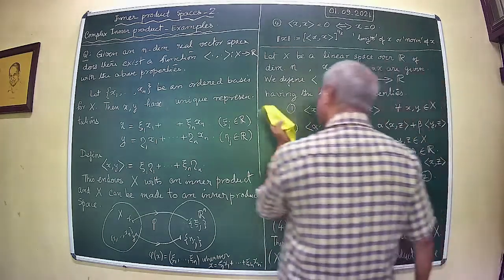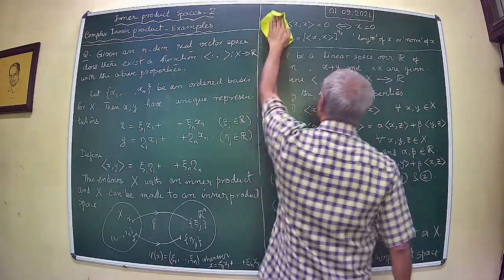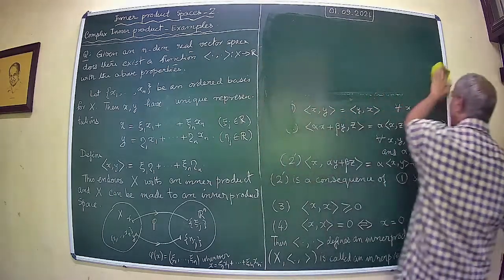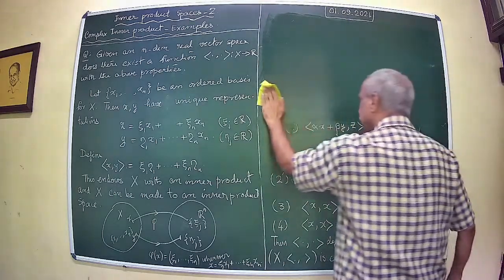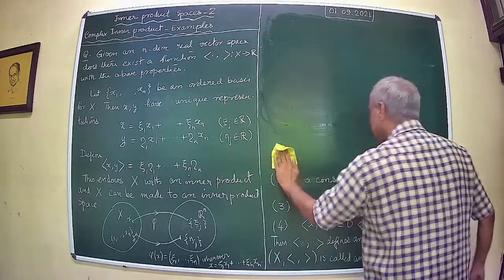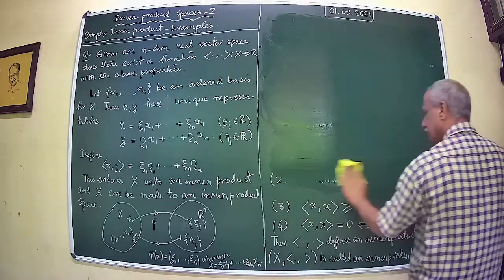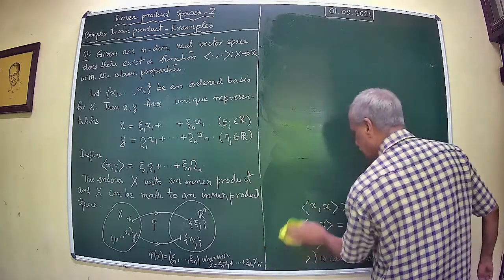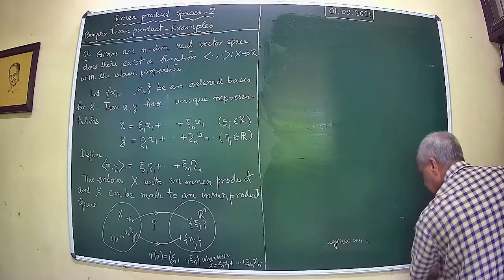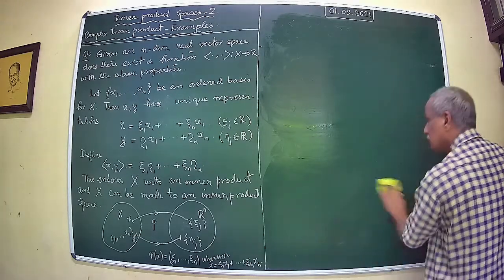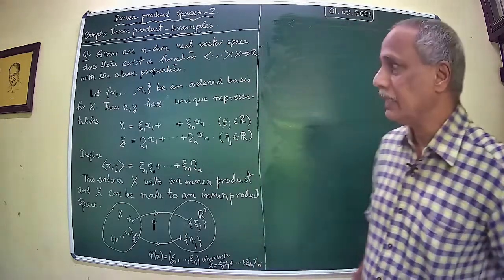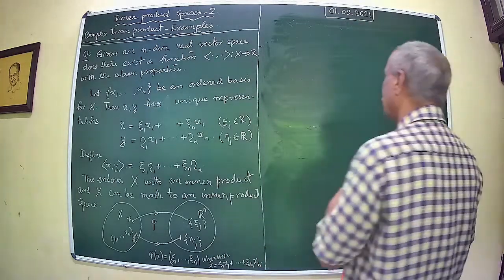Want to make one more remark, that this also allows not just introduction of one inner product, but several possible inner products on this space. So let me just make note of that. Right from the beginning itself, I think one should be clear about it.